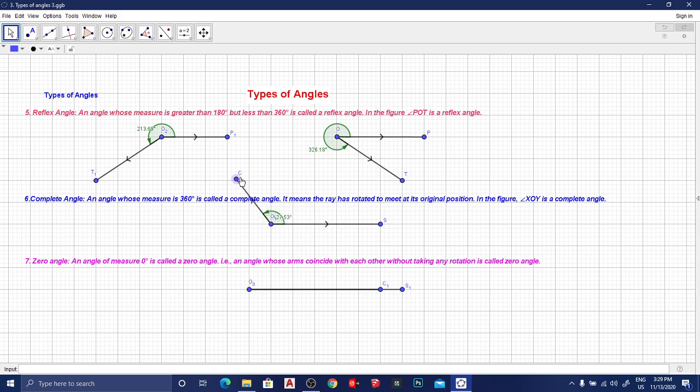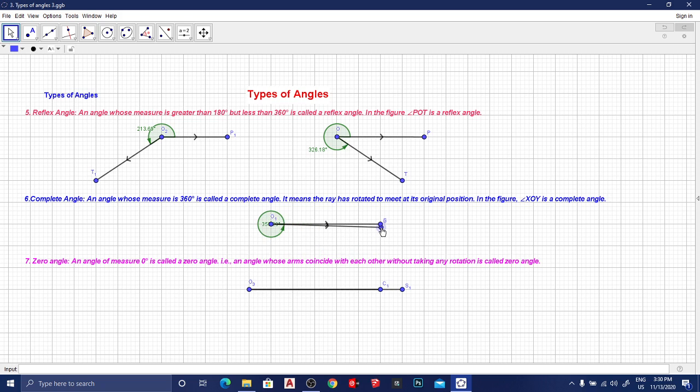Generally, initially it starts from here. This is a zero angle. These are all acute angles. When it reaches 90 degrees, that is called the right angle, and after 90 and below 180, all these angles are called obtuse angles. When it reaches 180 degrees, this is called the straight angle, and greater than 180 and less than 360, all these angles are called reflex angles.